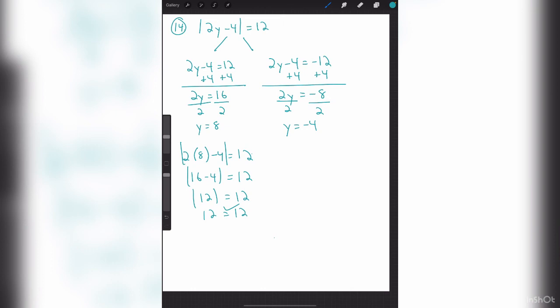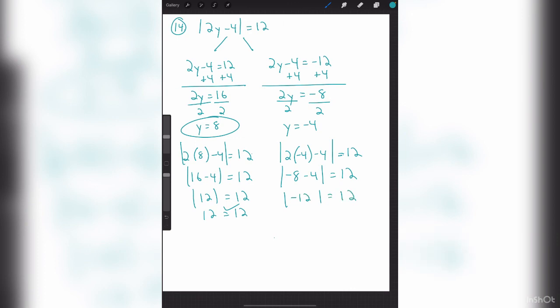So we know y is equal to 8. Now let's try the other one. We'll say the absolute value of 2 times negative 4 minus 4 equals 12. We multiply 2 times negative 4, and that gives me negative 8. Negative 8 minus 4 really gives me negative 12.